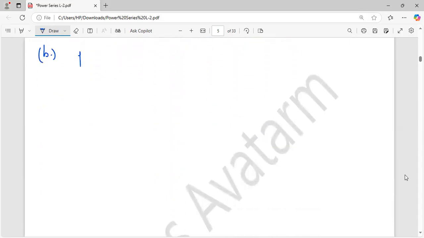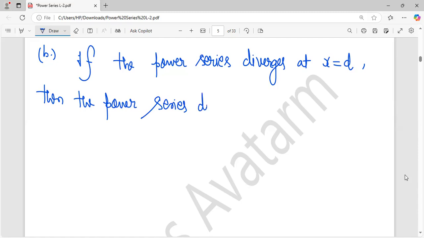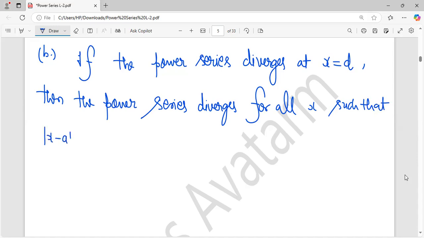Second, if the power series diverges at x is equal to t, then the power series diverges for all x such that the absolute value of x minus a is greater than the absolute value of d minus a. So this can be proved in a similar manner.